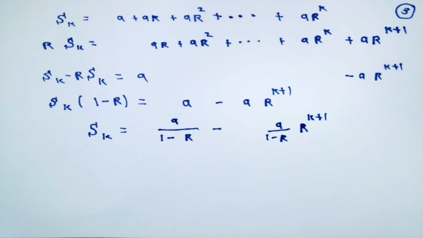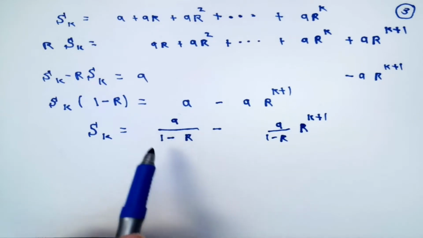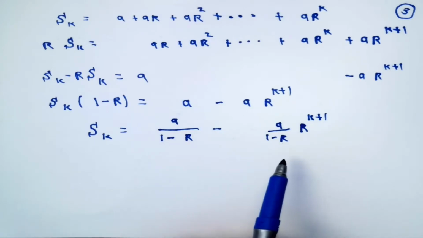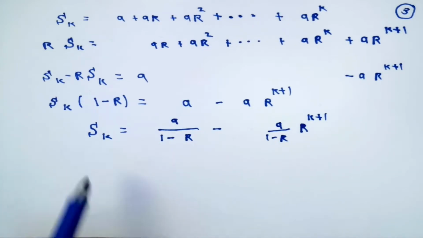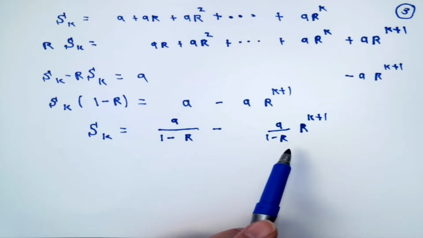By doing this, I've actually managed to get a formula for partial sum number k. In this term, the letter k doesn't appear, so this term is the same regardless of which partial sum I'm looking at. A over 1 minus r doesn't have any k in it, so as far as taking the limit as k tends to infinity, I'll regard that as a constant factor in this second term.